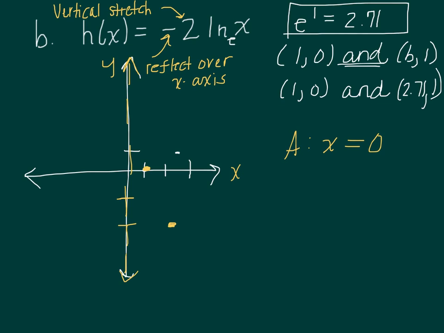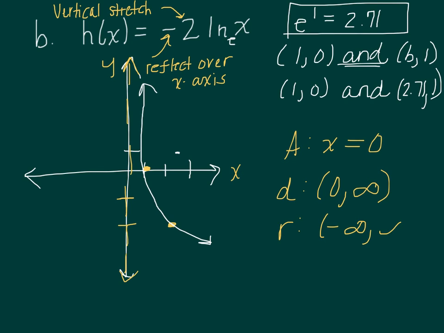And because it's upside down, it'll bend this way. So your domain is still h to infinity, so 0 to infinity, because nothing is passing 0. And your range is negative infinity to positive infinity.